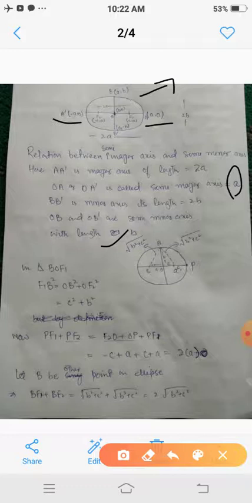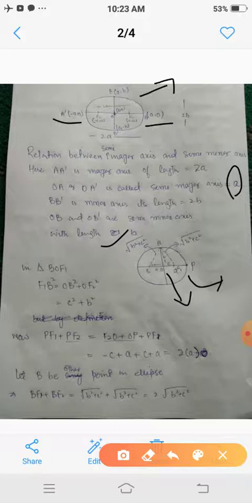Now when we draw the ellipse with foci F1 and F2 and B a point on it and join them, we get a right angle triangle BOF1 or BOF2. Here OF1 equals C, OB equals B because it is the semi-minor axis, and OP equals A because it is the semi-major axis.